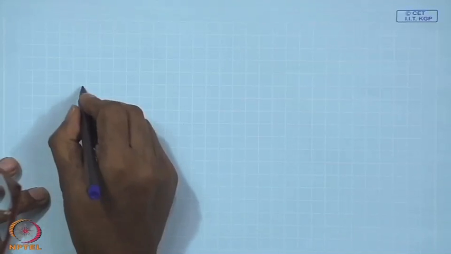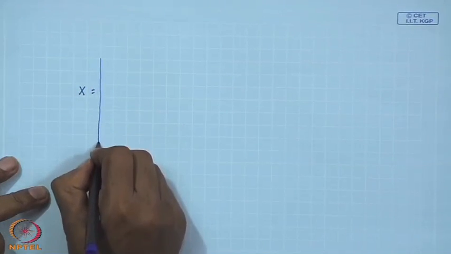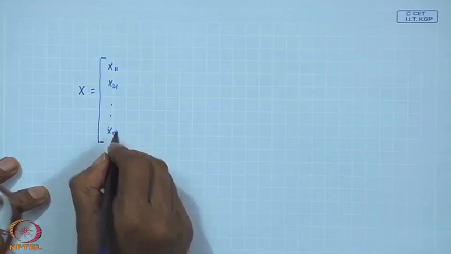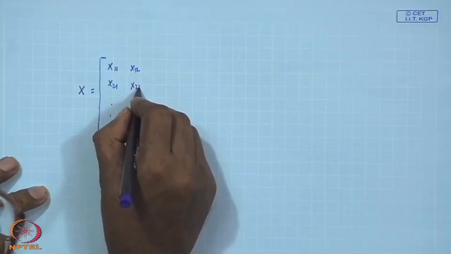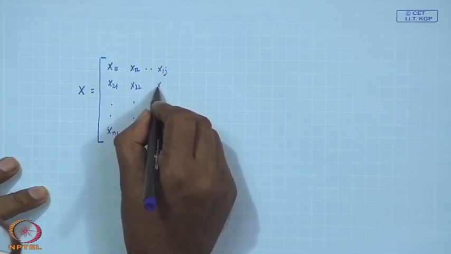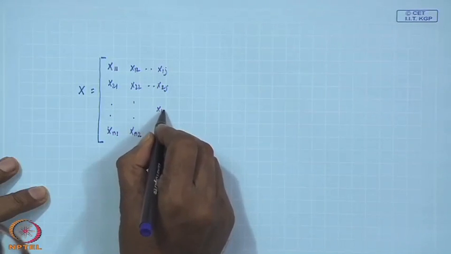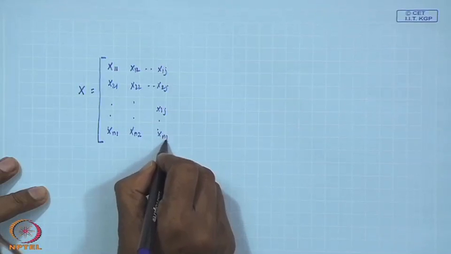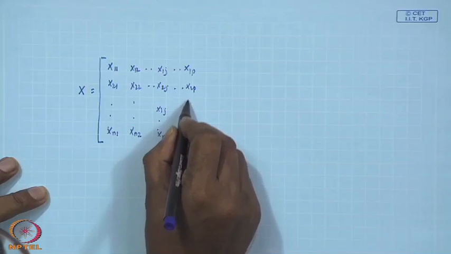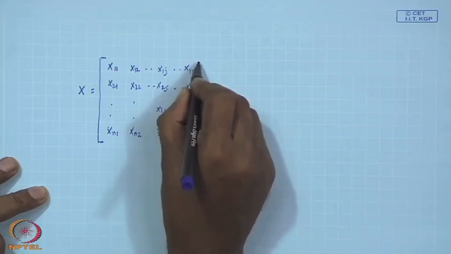Now, if this is the case, can I not write down the data matrix in this format? My original data matrix is X, which is x 11, x 21, x n1, x 12, x 22, x n2, then x 1j, x 2j, x ij, then x nj, x 1p, x 2p, then x np.